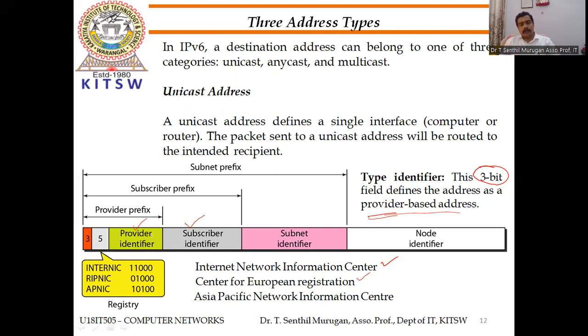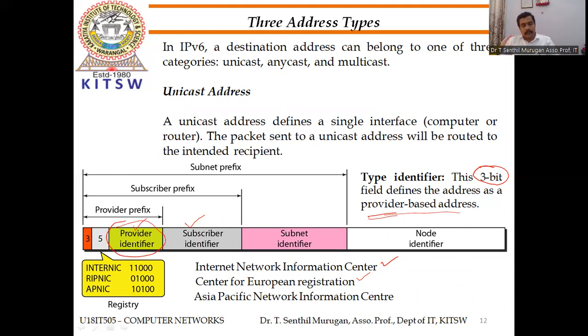Who is the provider? So the internet service provider is there, no? That is the internet service provider. This is a subscriber identifier. Okay. Then this is a subnet identifier. Last one is the node identifier. So you know if you are using any mobile phone, you have some service provider, so that address will be there.